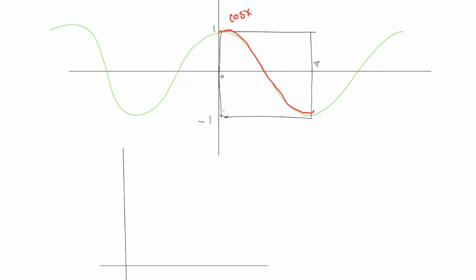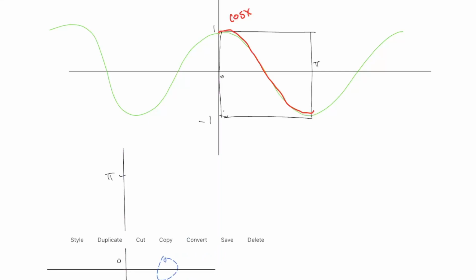Remember I'm interchanging the domain with the range. So the old one had domain 0 to pi, this time the range is 0 to pi, like so. So this range of x values becomes the range of y values, and then the original y values become the x values here. Sorry, I should have drawn this over there, right?